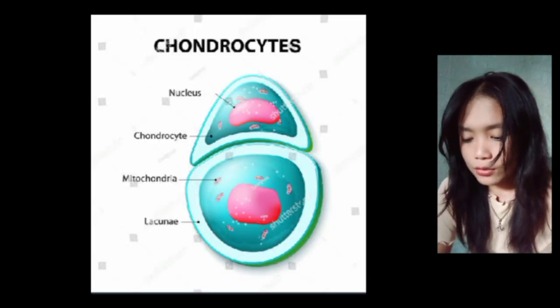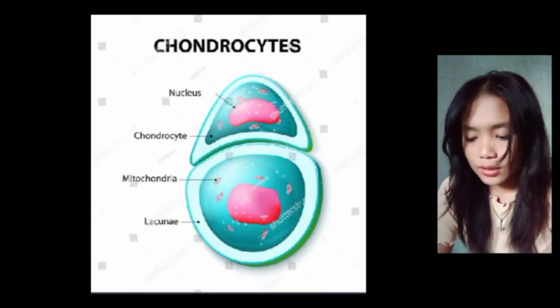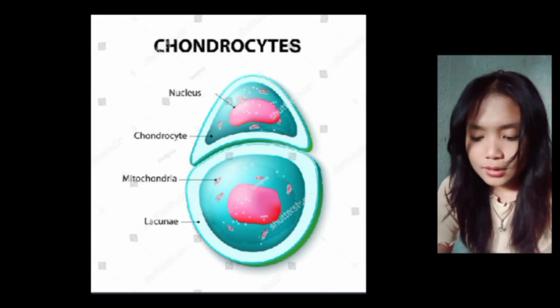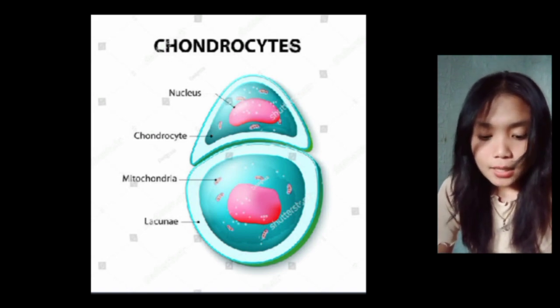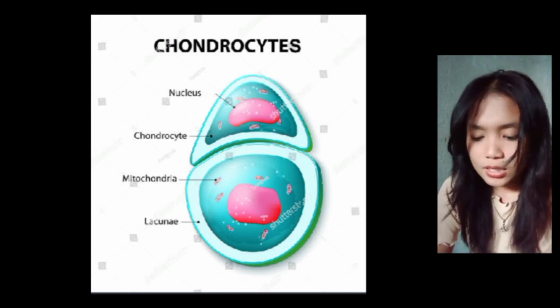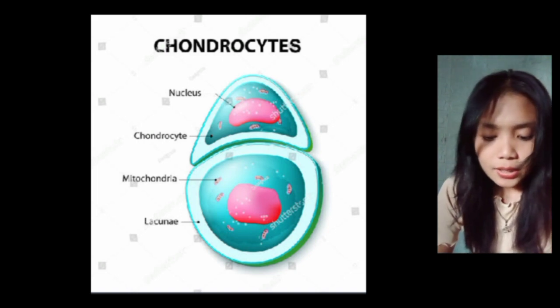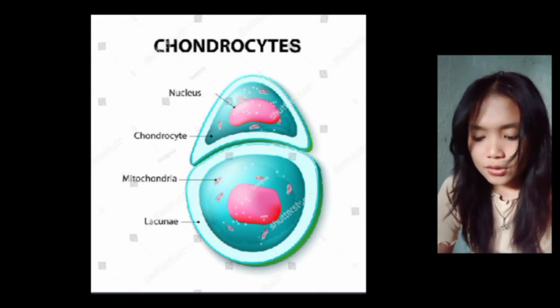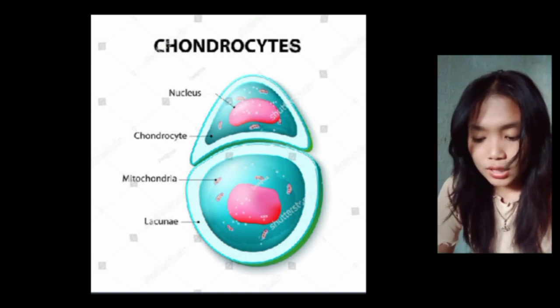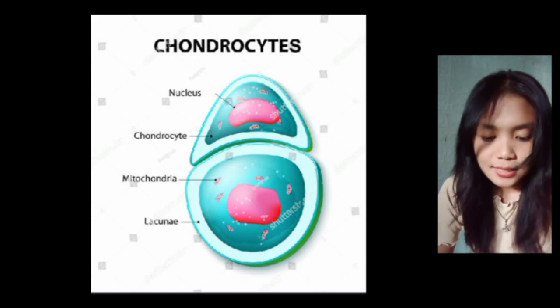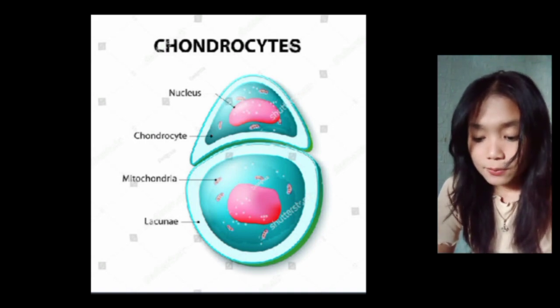Chondrocytes. Chondrocytes maintain the extracellular matrix or ECM and produce the cartilage matrix. Surrounded by collagenous fibers, chondrocytes release substances to make cartilage strong yet flexible.